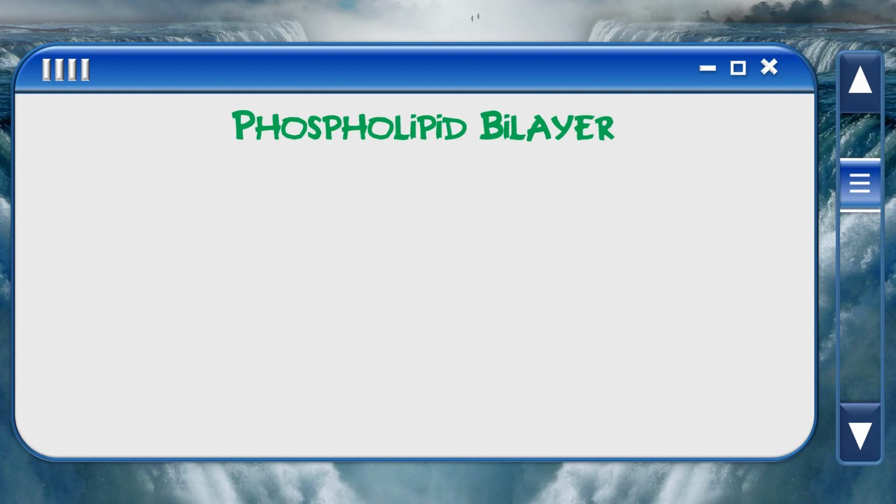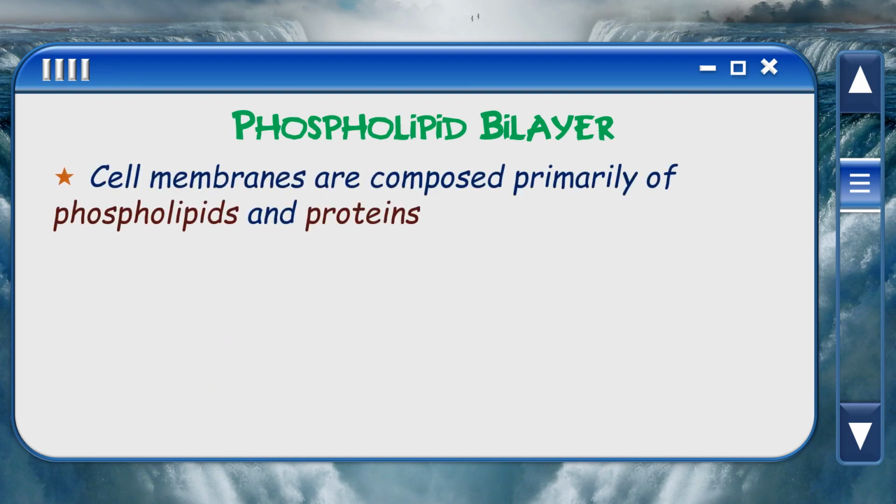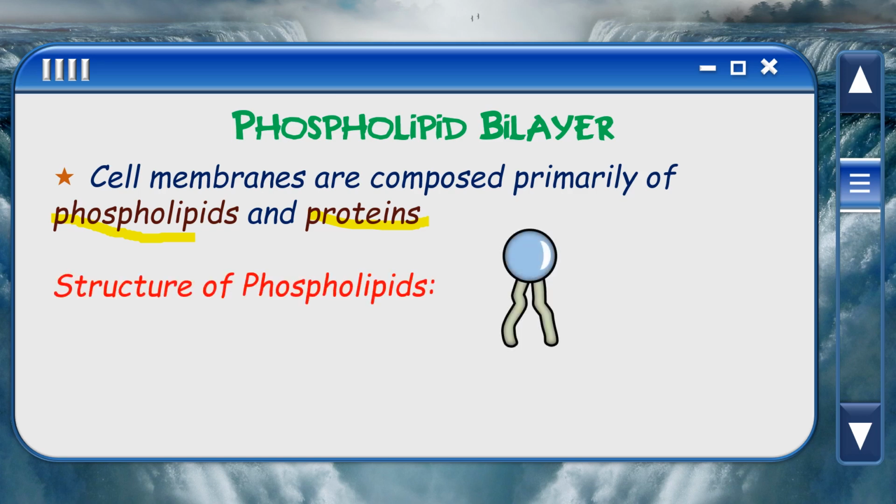Phospholipid bilayers. Cell membranes are composed primarily of phospholipids and proteins.